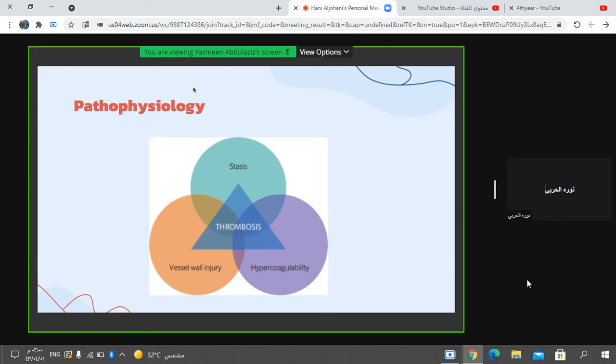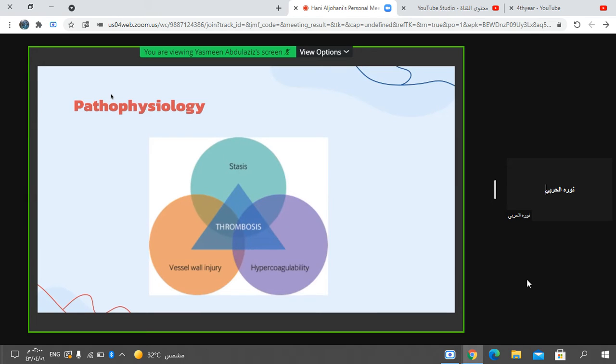Pathophysiology. The diagram shows stasis, vessel wall injury, and hypercoagulability. Okay. These factors increase the risk of thrombosis.